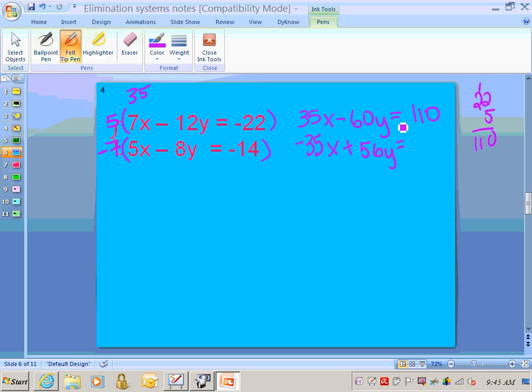Which one are you talking about? Yeah, you're right. Sorry. You're right. Negative 110. And then equals negative times negative is a positive, and 14 times 7. 4 times 7 is 28. So we have 7, 8, 9, so we have 98.